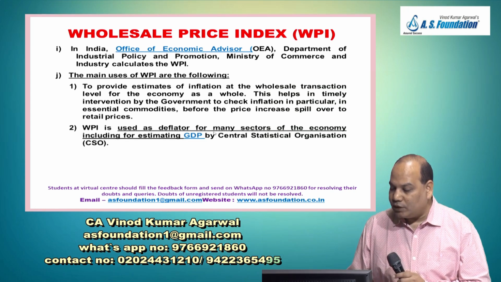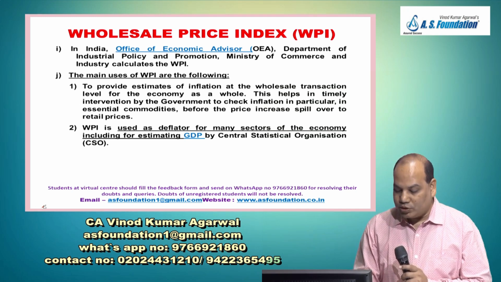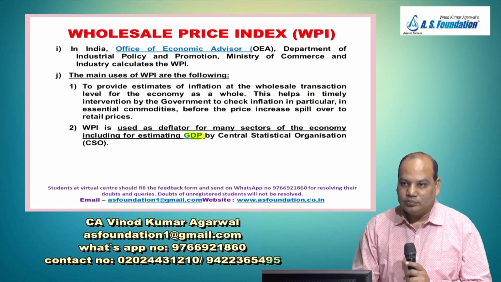WPI is used as a deflator for many sectors of the economy, including for estimating GDP by the Central Statistical Organization. This I have explained. So which is the deflator used for GDP? WPI.